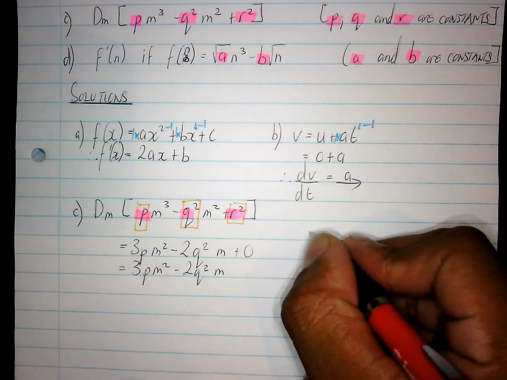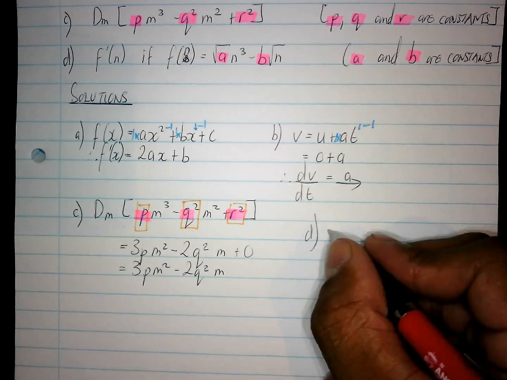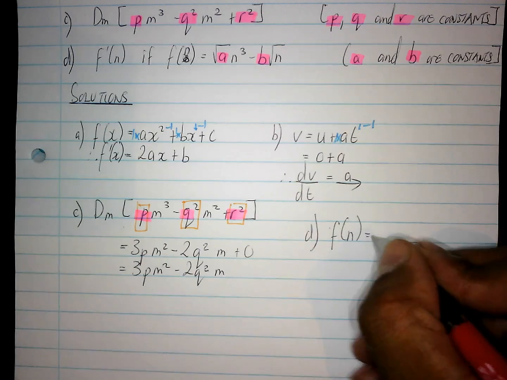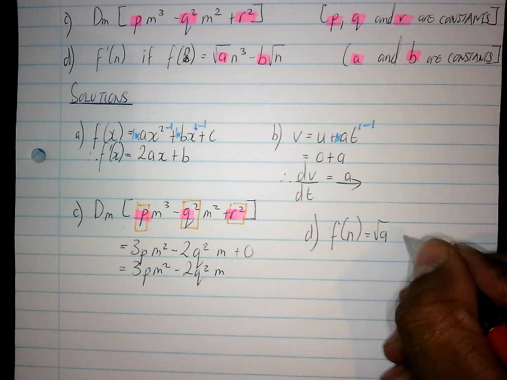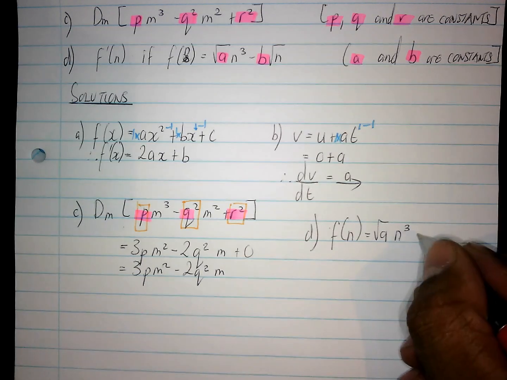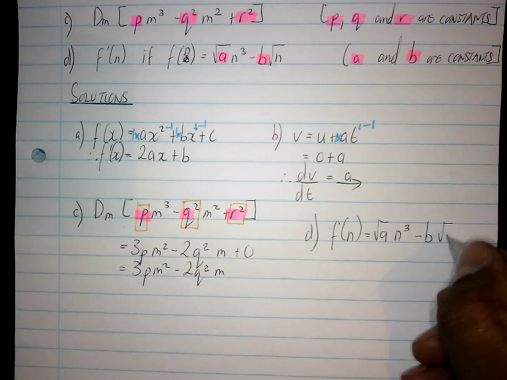Then let's look at D. With D, we have f of n, which is square root of a, n to the power 3, minus b square root n.